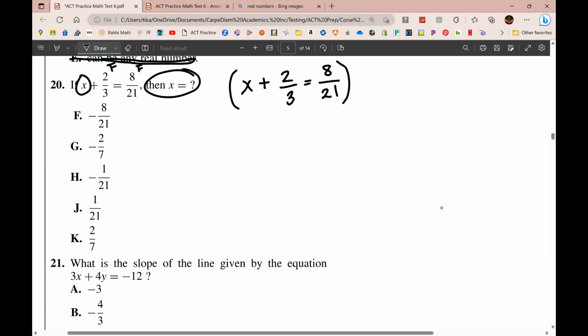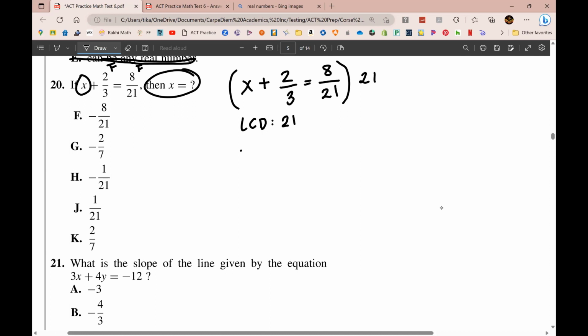So what is the least common denominator for this problem? Well, I see it's 21, right? Well, how can I get the 21 to cancel out and everything to just be whole numbers? All right, well, I can multiply the whole thing by 21, okay?